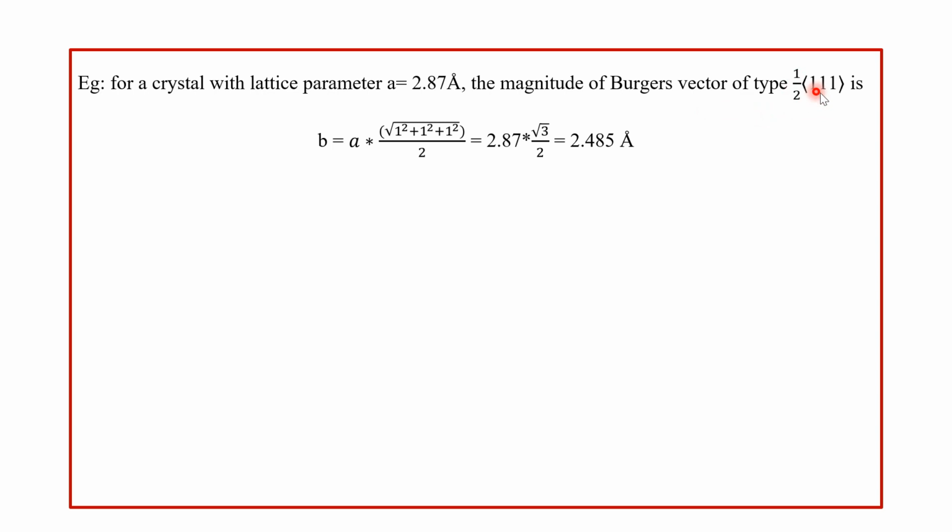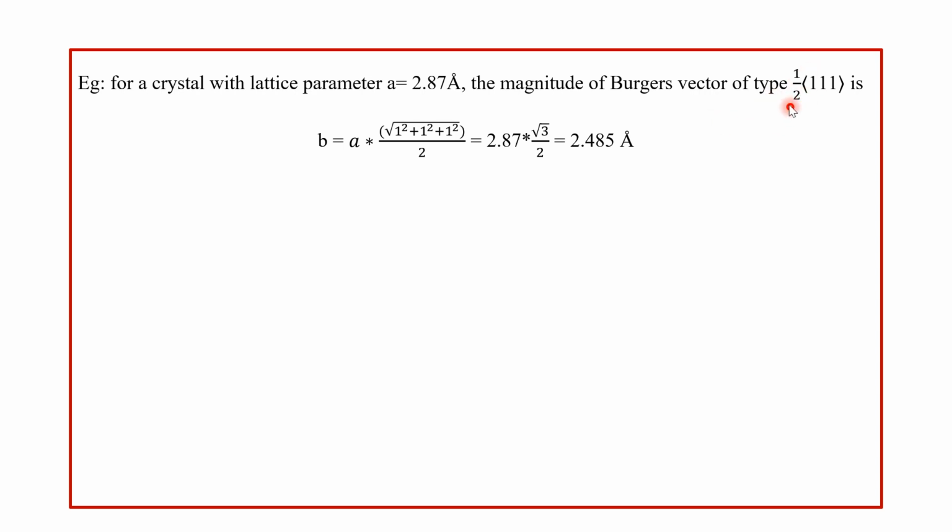It will be given as 1/2 <111>. Then we write the 1/2 as it is, multiply by a, and take the root of this part. No, it won't come divided by 3. It will always come as 1 by 2. That is the typical way in which Burgers vectors are denoted.